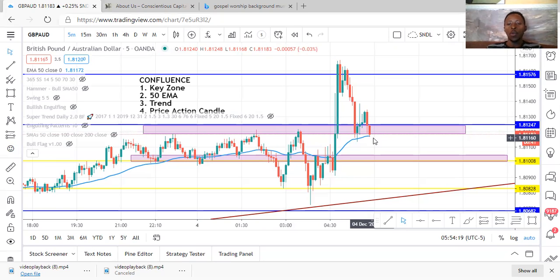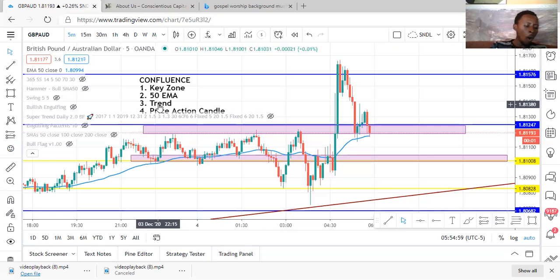So as I said, we have gotten the trend, and it's an uptrend. One of our confluences is satisfied. Secondly, looking at the EMA, you don't buy against the trend. That's number 3 on our confluence. You never go into a market against the trend. If you're not scalping, never go against the direction of the price movements.